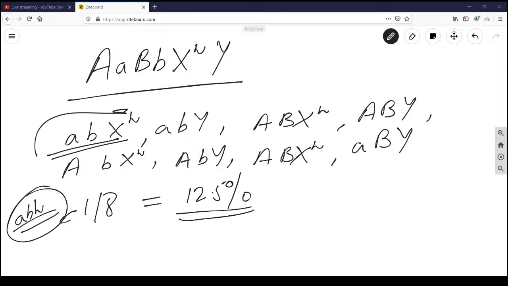Now 87: the genes controlling the 7 characteristics are now known to be located on how many different chromosomes? They are now known to be located on 4 different chromosomes. That's a new thing for you. Now 88: reversed in one cross is known as a reciprocal cross.